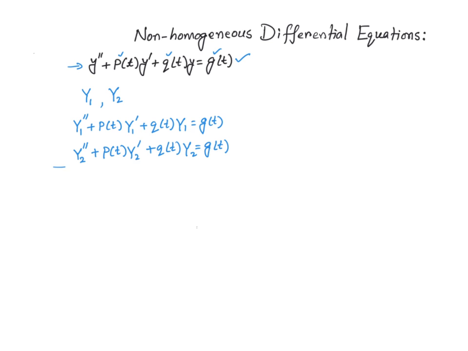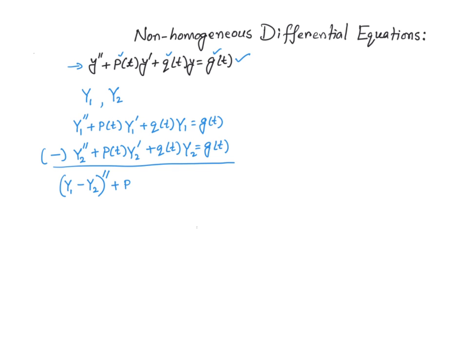Now, at this point, I'm going to subtract the bottom equation from the top equation. Then I'm going to get y1 double prime minus y2 double prime. However, I can write it as (y1 minus y2) double prime because the properties of the derivative allow me to do that, right?